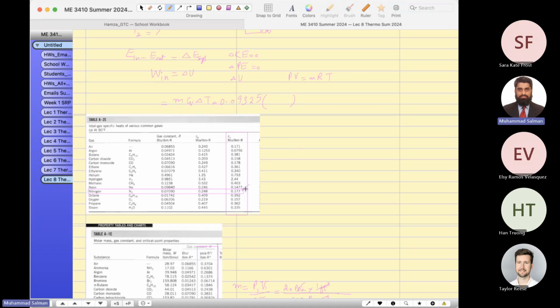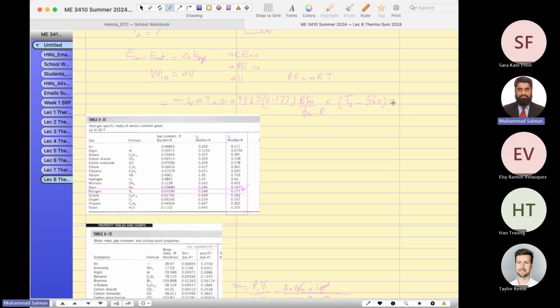And Cv over here is 0.177 BTU per pound mass per Rankine. And then delta T. Delta T is final minus initial. Make sure this is in Rankine.